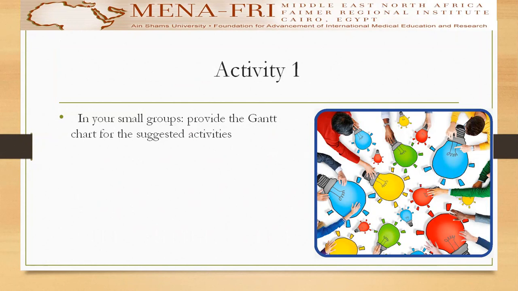For example, if you open your workbook, it has a Gantt chart section. In the Gantt chart section, you will see that on the left column, you should be writing your tasks, and on the first row, you should be writing your timeline.